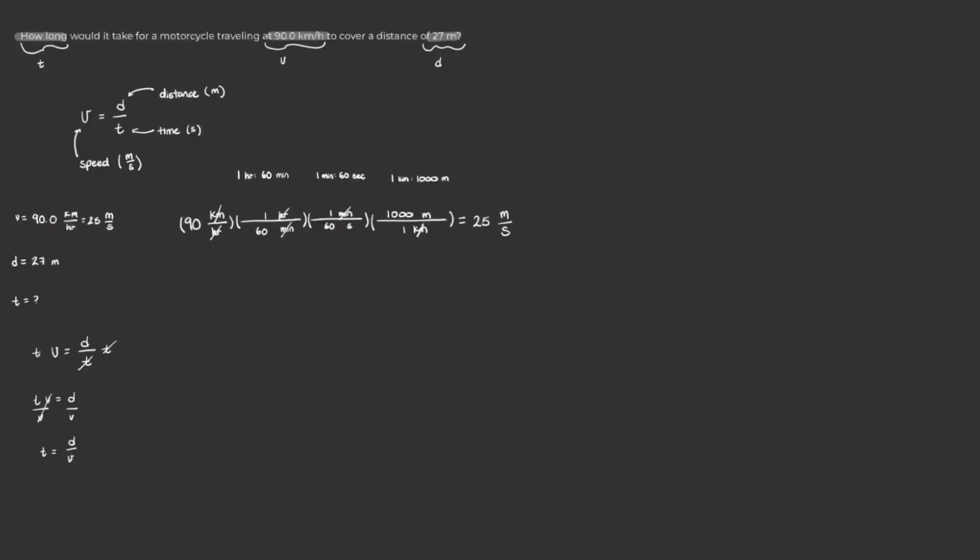Awesome. And now we just have to plug some of our numbers in. I'm just going to go here to the right. So T equals, our distance is 27 meters. Sorry, not displacement, our distance is 27 meters. And our speed is 25 meters per second.